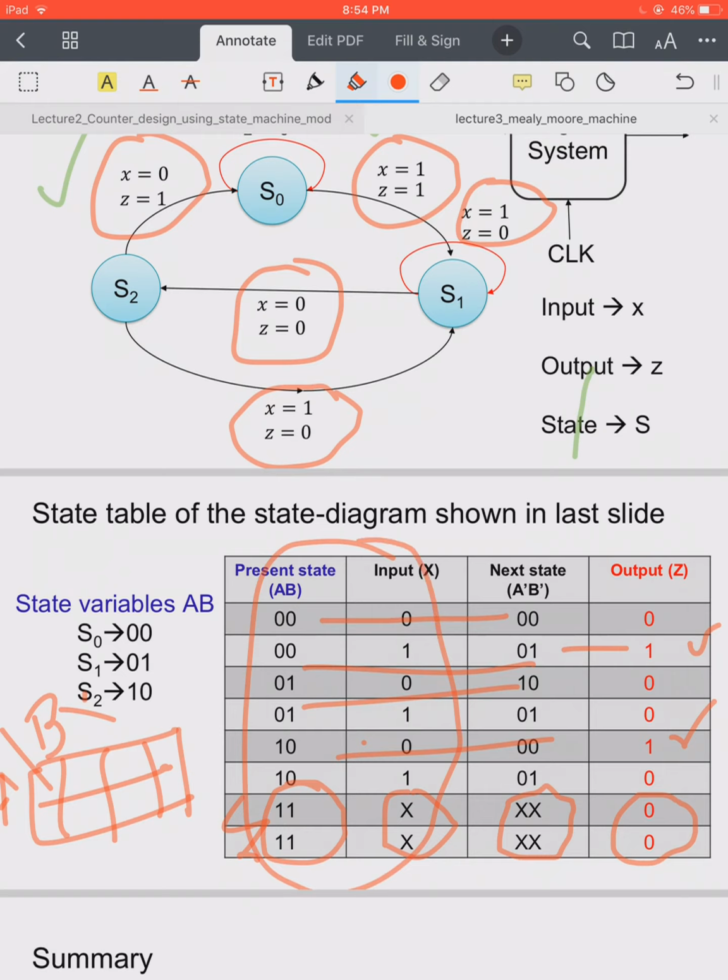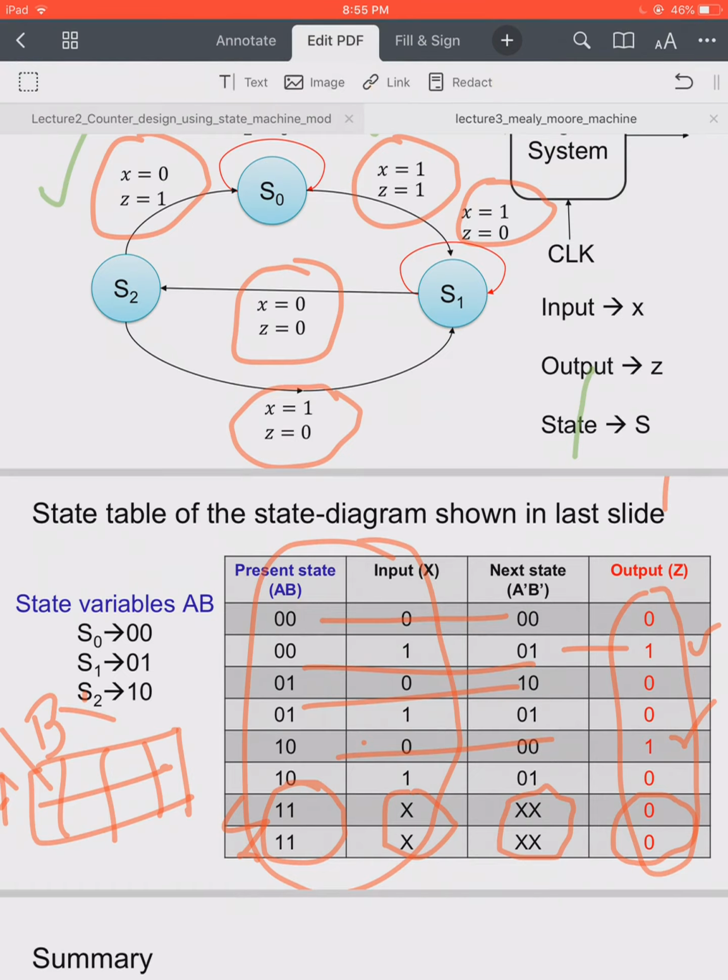Here Z is a function of A, B, X, and you have this Z output. So we simply find the simplified version of the Boolean expression from the Karnaugh map. This way you can find the output of the state machine.